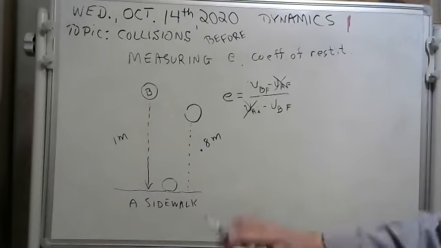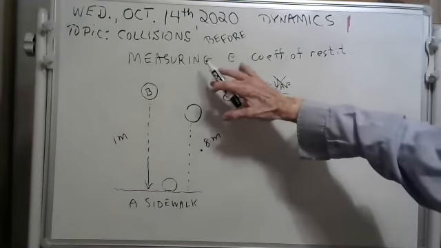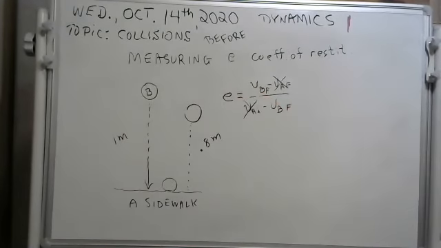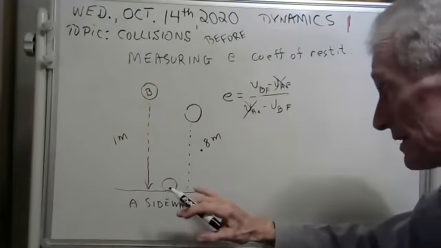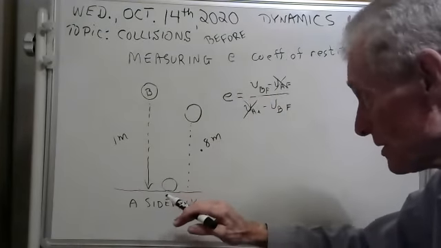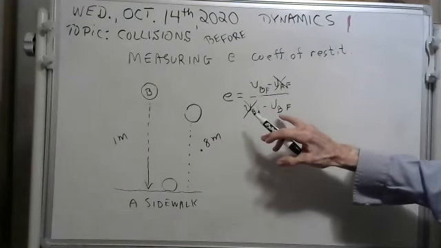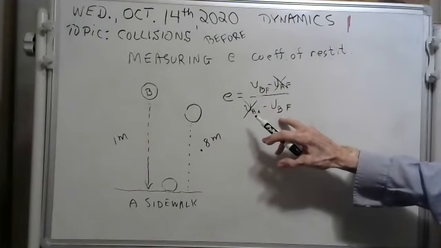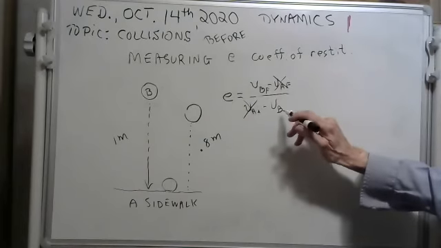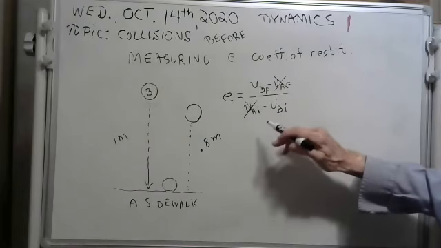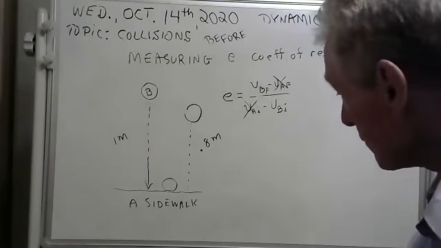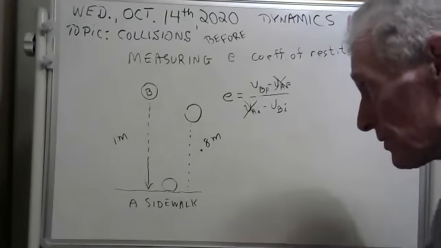Now, if we can only figure the final velocity of the ball. What they mean by final is right after the collision. And what they mean by initial is right before the collision.